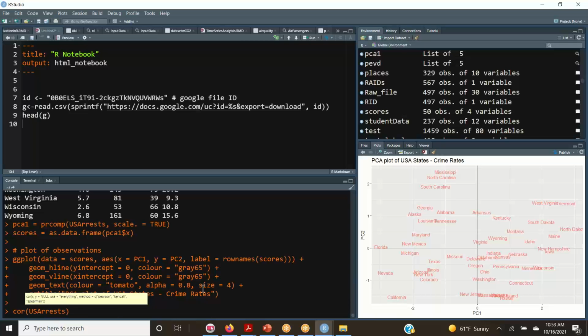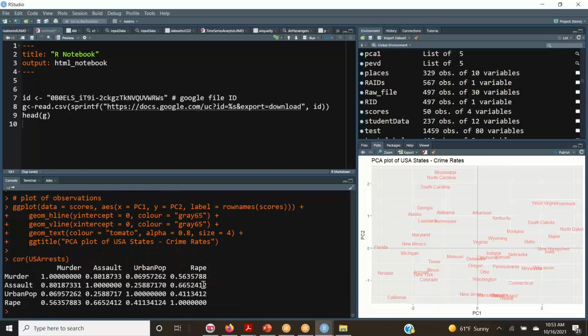So you can see murder and assault go together, right? Because of high correlation, murder and assault. That makes sense. Relatively speaking, assault leads to murder rather than rape.